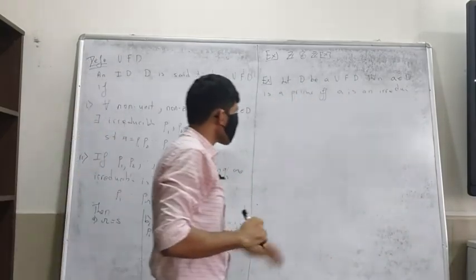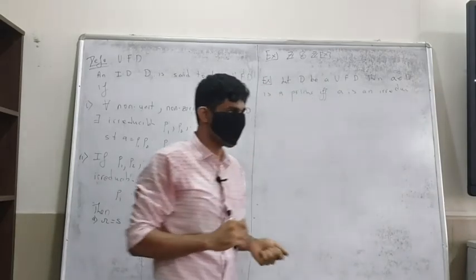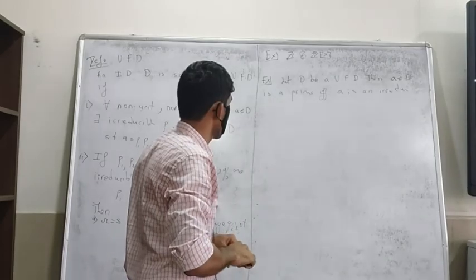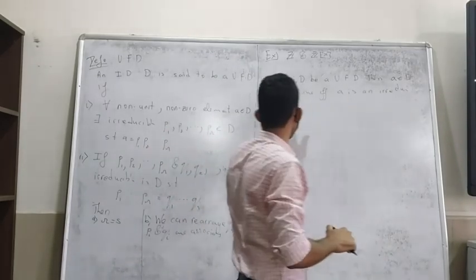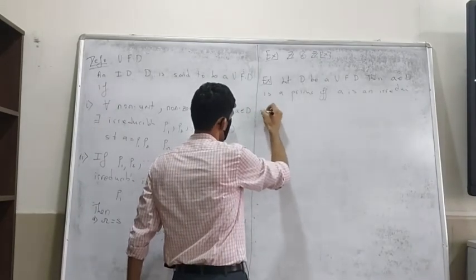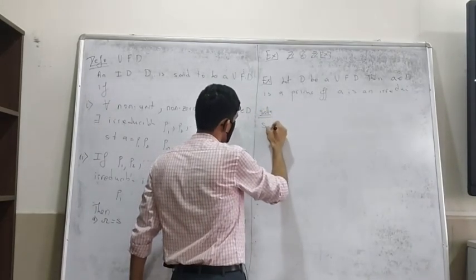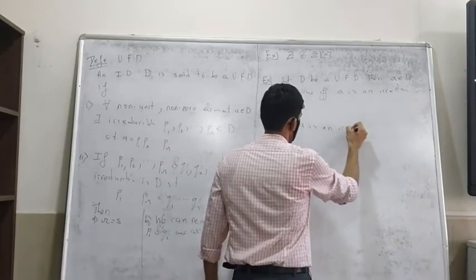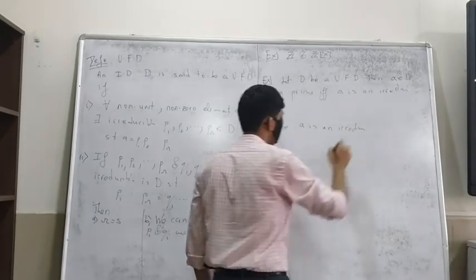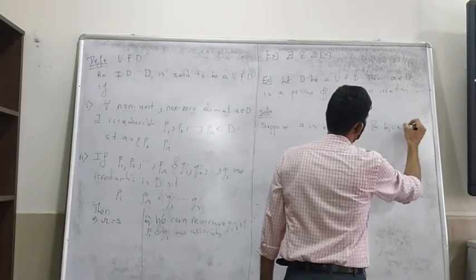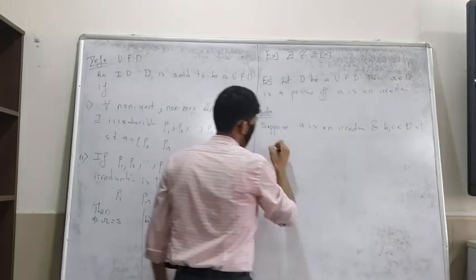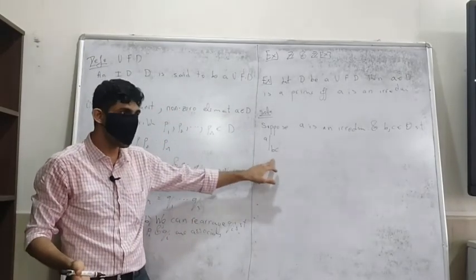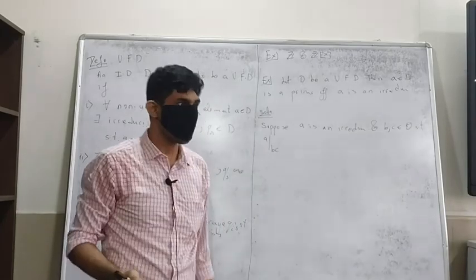So suppose A is an irreducible, and B, C belong to D such that A divides BC. We need to show that either A divides B or A divides C. So how do we do that?